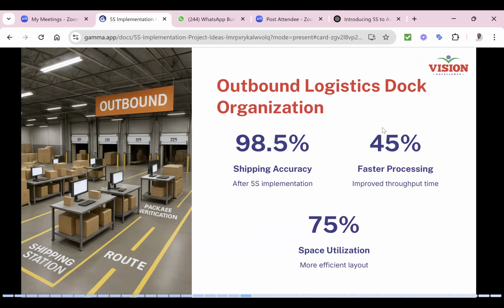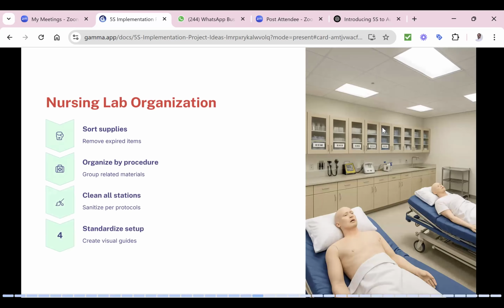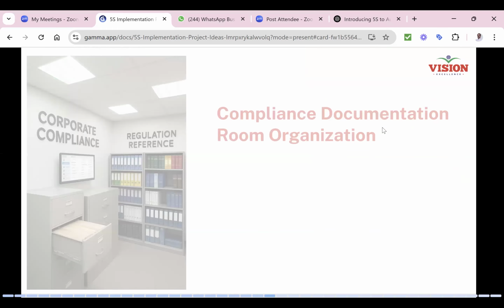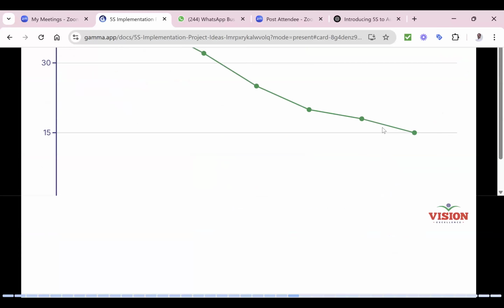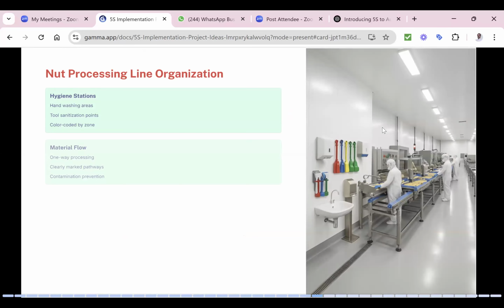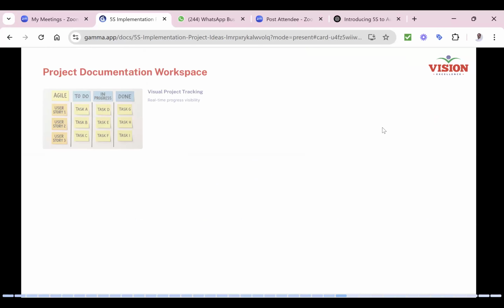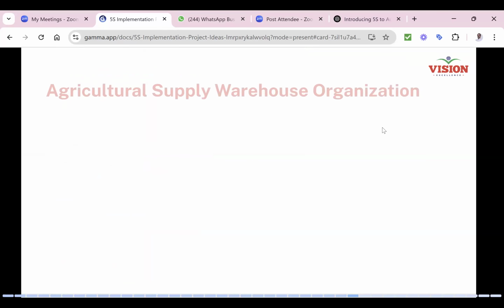Space utilization. These are all the ways you can actually justify your improvement, and you can sort the supplies and organize the procedure in a better manner. You can keep all stations clean, sanitized, and then standardize. So some examples related to different domains, since people are from various segments.